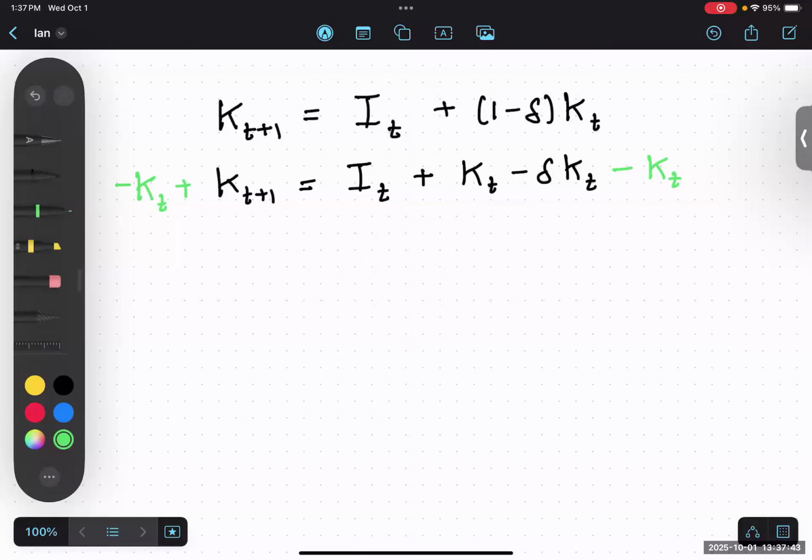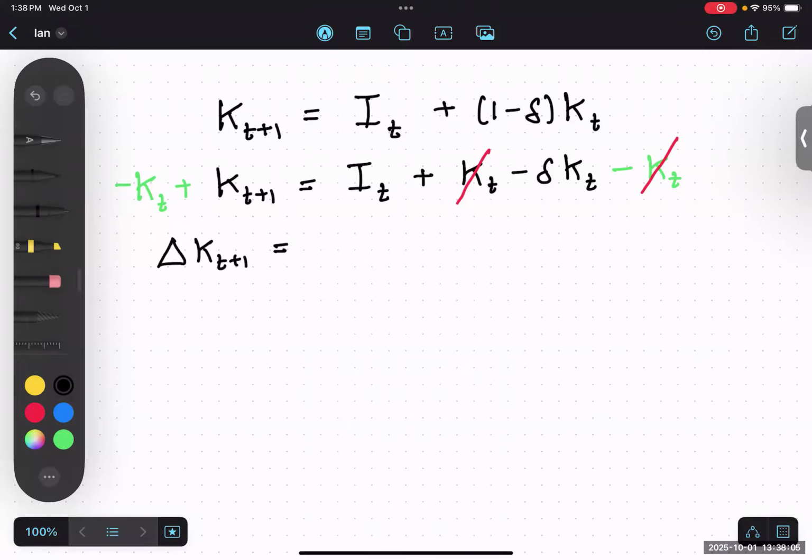So clearly what we have on the left-hand side is the difference in capital stock, and on the right-hand side, I get rid of this K_t. So I'm gonna rewrite it. As I said, the left-hand side is just delta K_t+1.